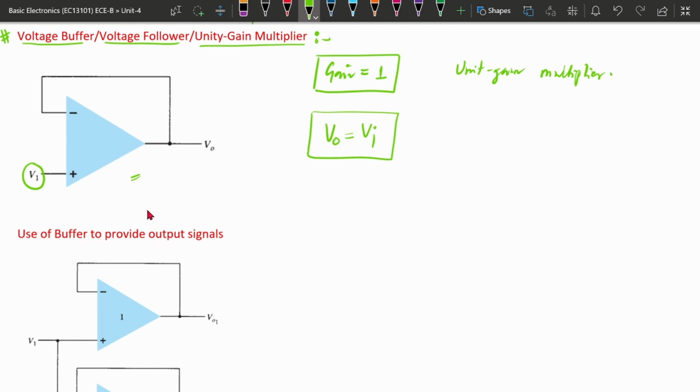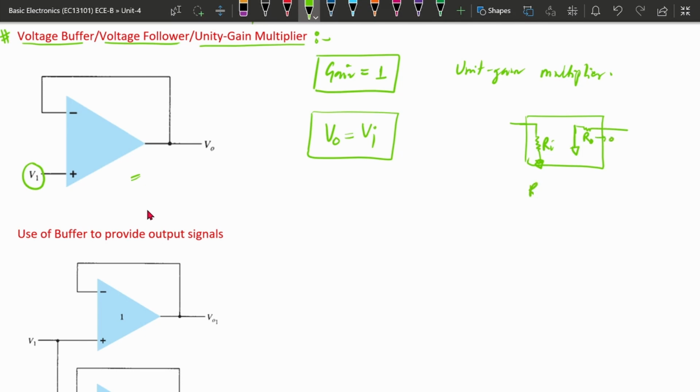Buffer means, suppose any circuit is there, any black box, the property of a buffer circuit should be that its input resistance R input should be very high, and its output resistance should be 0.